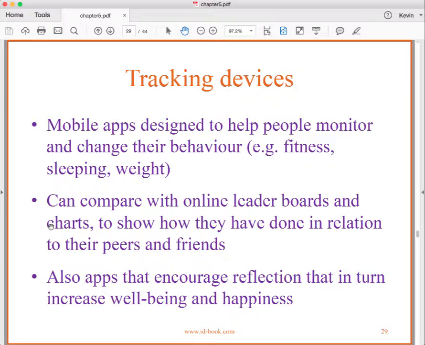Or we could have some applications that can maybe help us to reflect on our level of training and fitness. For me, I think that there's probably no one good, perfect design of all of these things.